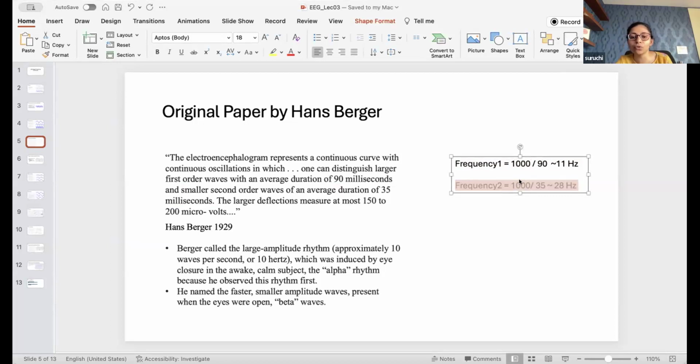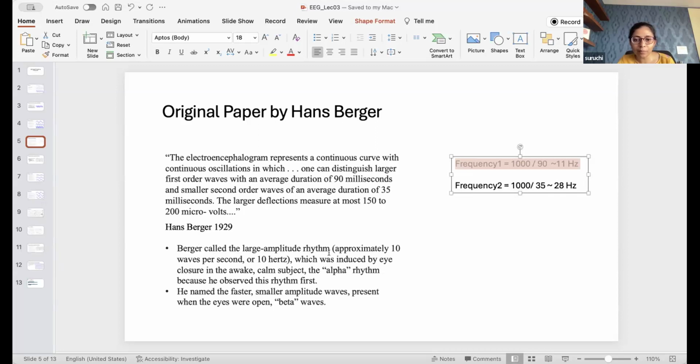These are the most dominant waves you will see in humans and also other animals, not just humans. Most animals will also exhibit very similar frequency ranges. So these are biologically very interesting frequencies, and based on this you can decide your sampling rate. These are actually from his paper.